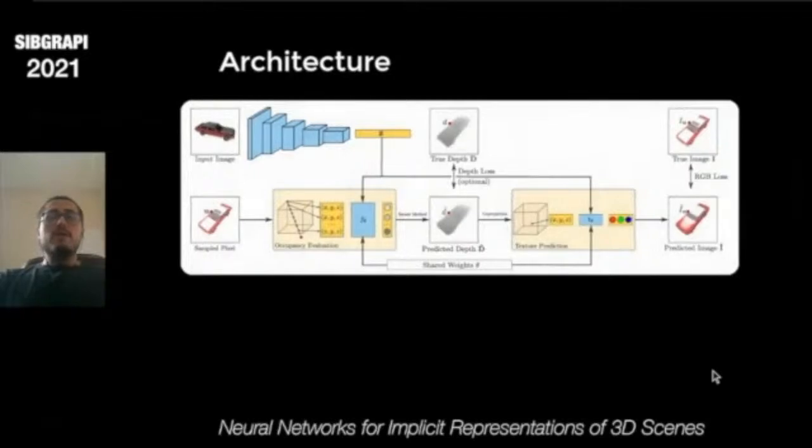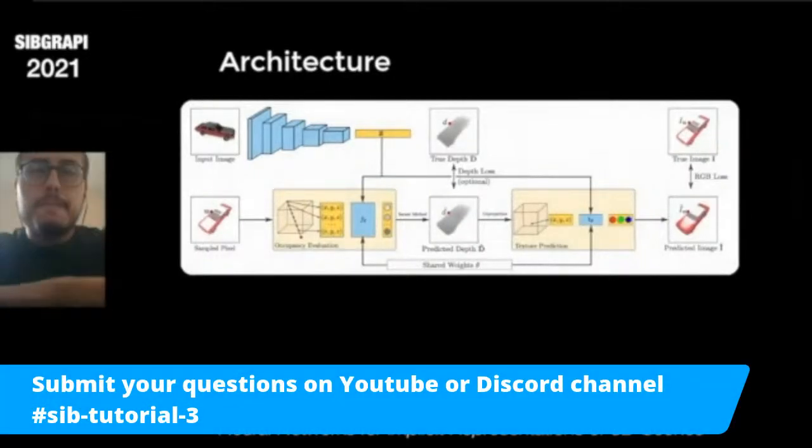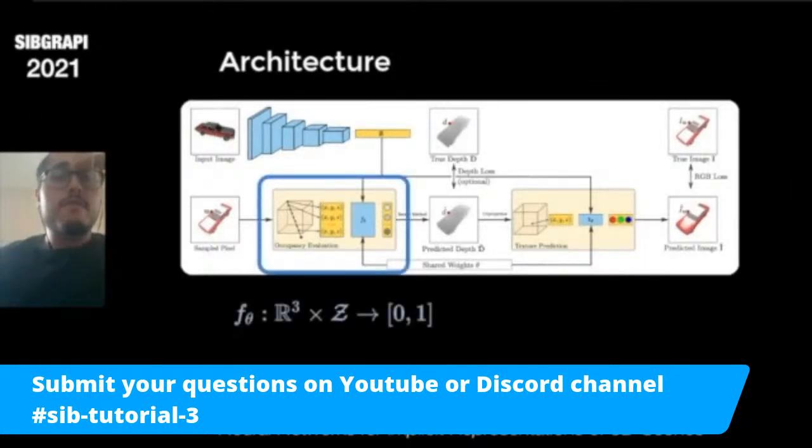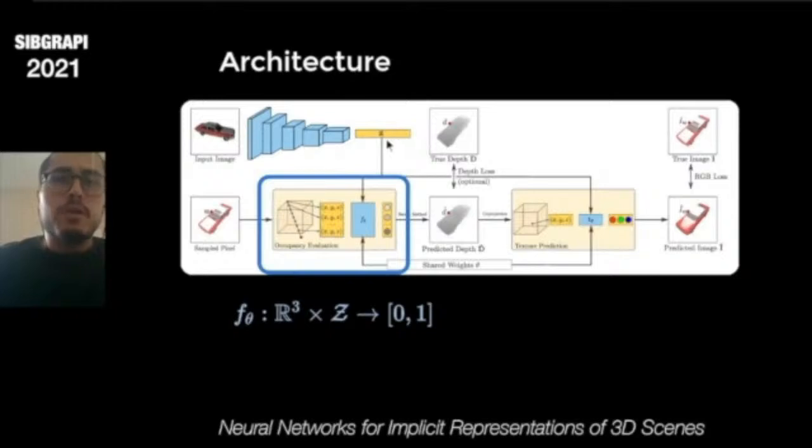So what is their architecture and idea? The idea is that we have an occupancy network or a deep implicit, right? That would represent the geometry of the problem. With this occupancy network, you have your actual implicit surface, and they use a condition. So if you want to do single view reconstruction, the idea is having another network here that creates this encoding, right?